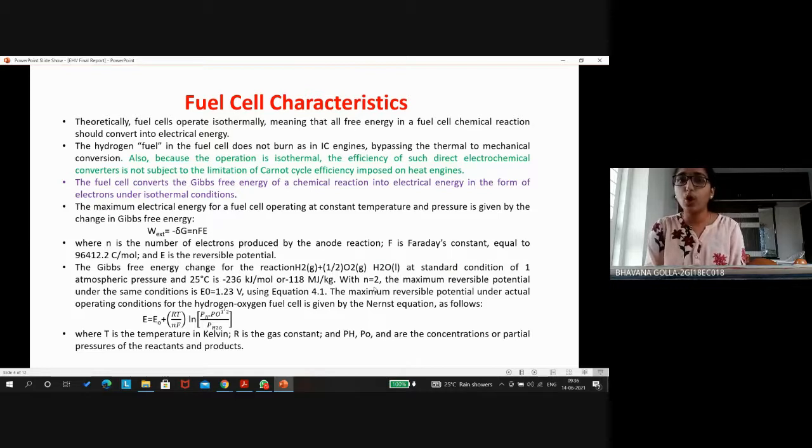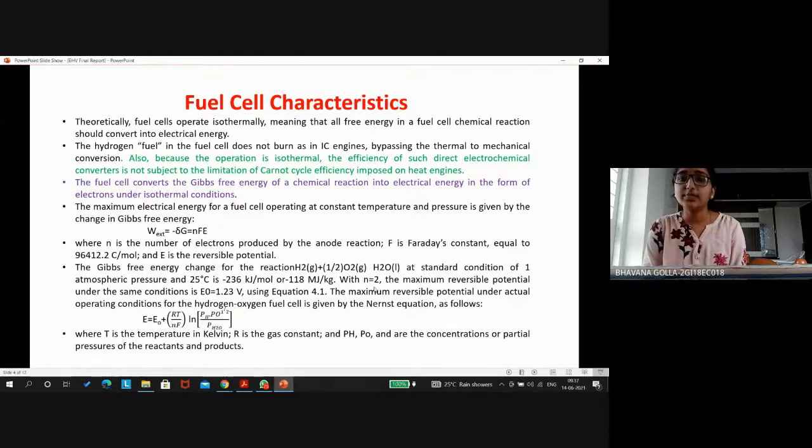So there is no loss like what we see in conventional fuel systems, that is, the Carnot cycle efficiency problem is not seen here, because the free energy is directly converted into electric energy. That free energy is the maximum electric energy for the fuel cell, and it is defined by the equation: the change in Gibbs free energy, delta G, is given as minus nFE.